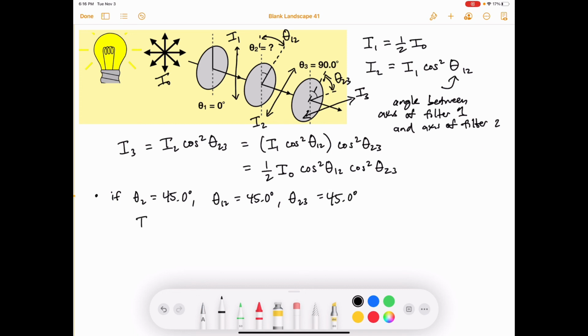So we calculate I3, that's going to be 1/2 times I0, which is 24.0 watts per square meter, times cosine squared 45 degrees times cosine squared 45 degrees once again. And that will give you 3 watts per square meter.